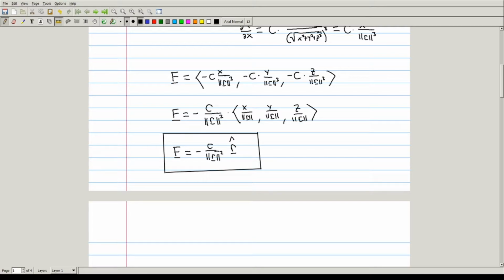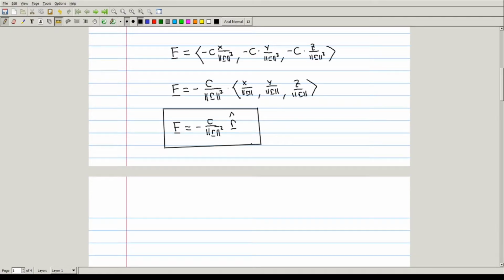So depending on what the sign of c is and the value of c is, that's going to directly determine the direction of this vector. However, if we take the magnitude of the force vector, the magnitude of this vector right here is going to be the absolute value of c over the length of r squared.